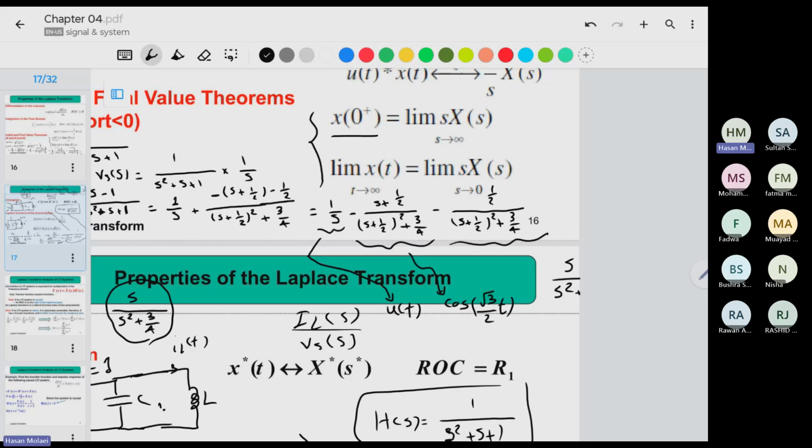So in the time domain, it should be e to the power of minus 1/2 t, that's the coefficient.